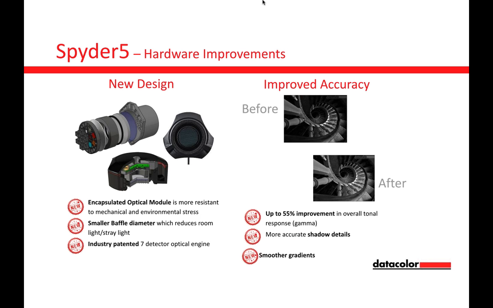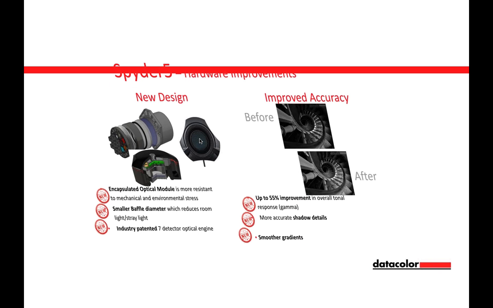But the actual design of the optics and the baffle, the honeycomb area here over the optics, has been redesigned as well. The Spyder 4 previously was the only device out there recommended, in the Pro and the Elite format, to work with computers like the iMac. The iMac has a large glass front to it, which, because it's quite thick, causes a refraction, or stray light to bat around inside there and affect the readings.